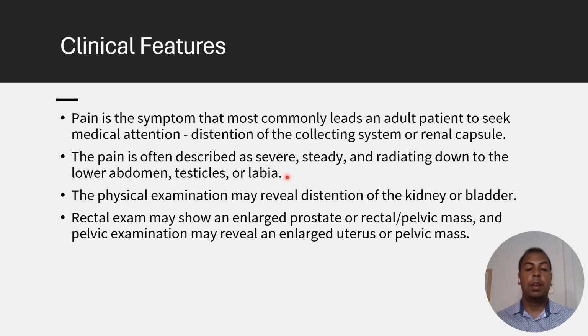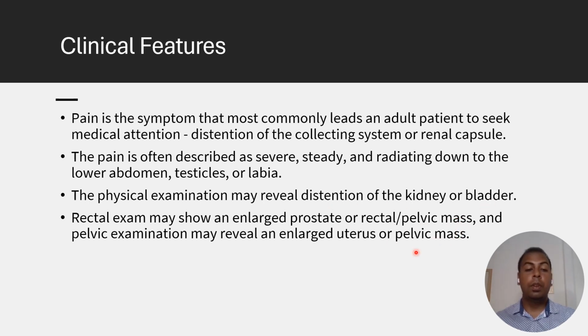Physical examination of the abdomen may reveal distension of the kidney or the bladder as a result of the dilation of the urinary system, and rectal examination may show an enlarged prostate that might be causing the patient's hydronephrosis, or a rectal pelvic mass causing compression of the urinary system.